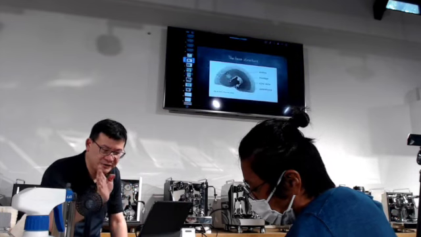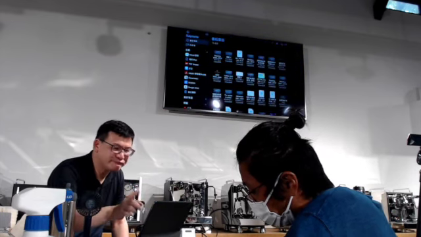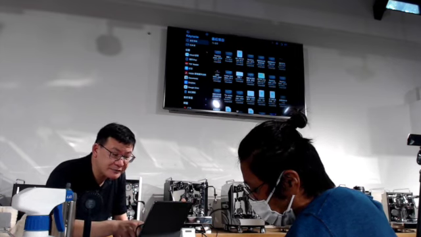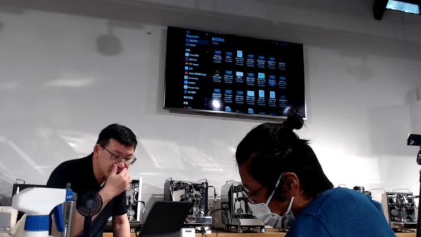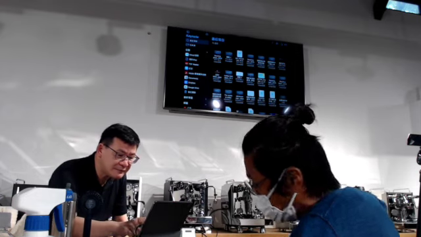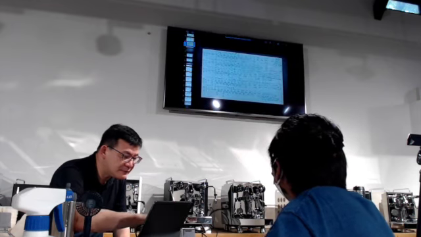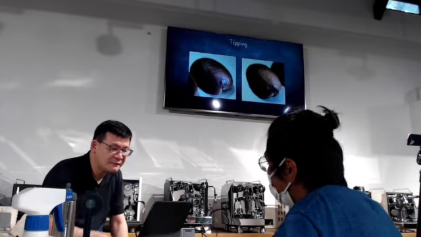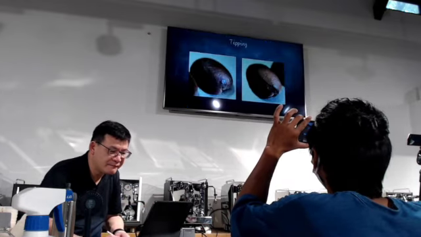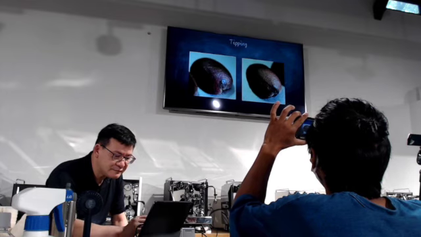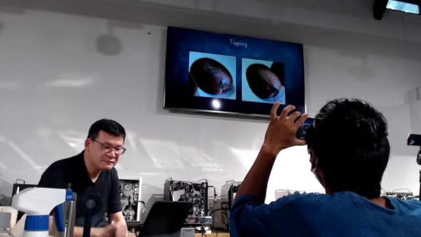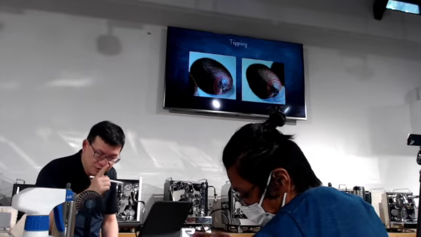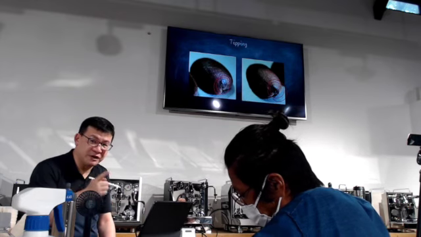Sometimes from inside, sometimes from outside, there are two different types, but for tipping, it's usually from inside.